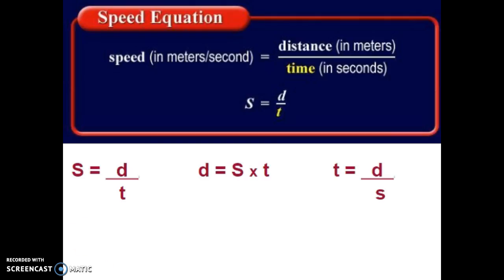You can also calculate the time it takes to get there, knowing your distance and speed. And you can calculate how far you've gone if you know how fast you've been going and how long it's been taking you to go there. So we can take that speed equation and rearrange it for any one of the three variables.